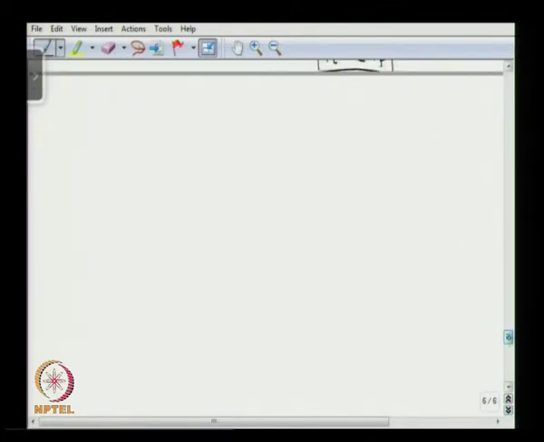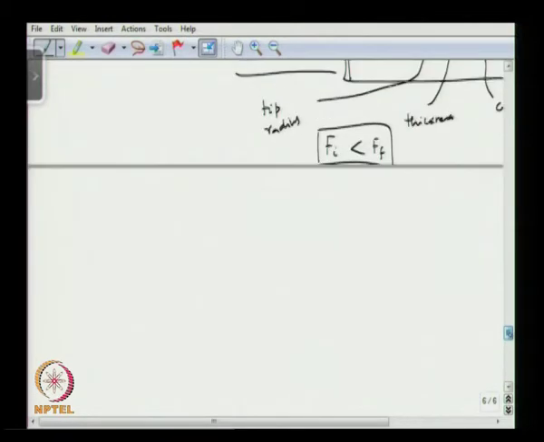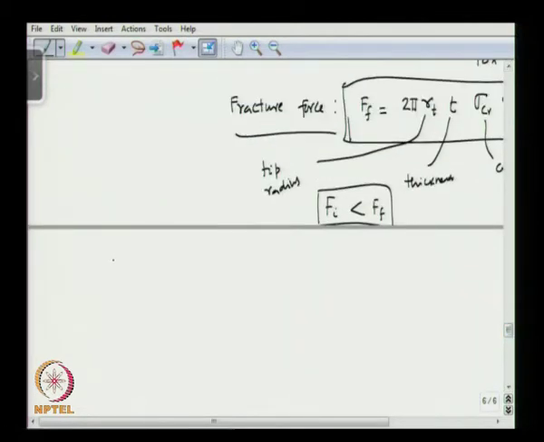So, now let us look at the flow characteristic of a microneedle. So, we look at the delivery with hollow microneedles.